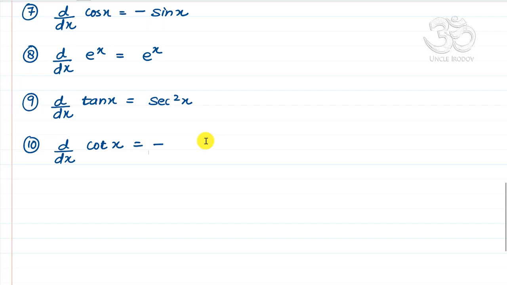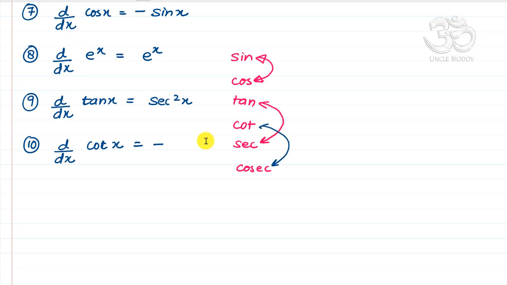So the usual way in which we write them is sine, cos, tan, cot, secant and cosecant. So keep in mind that these two will interchange amongst themselves when we are talking about differentiation or even integration. Right, so tan will be associated with secant, cot will be associated with cosecant.